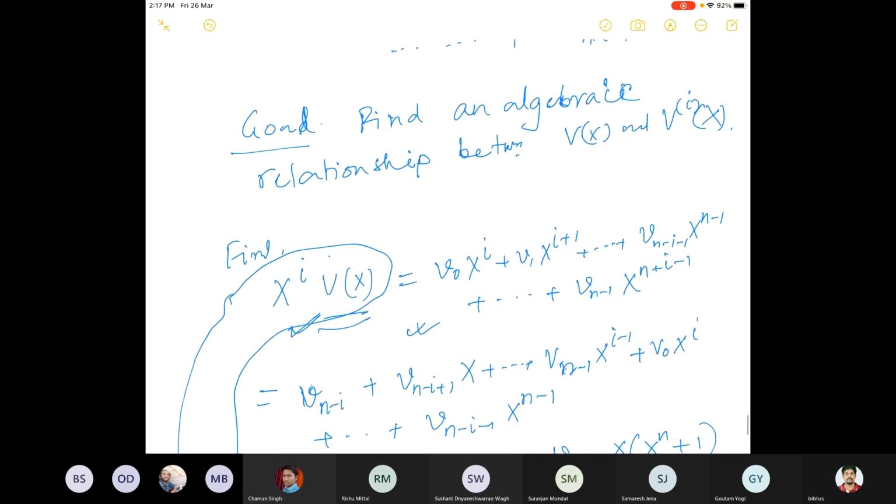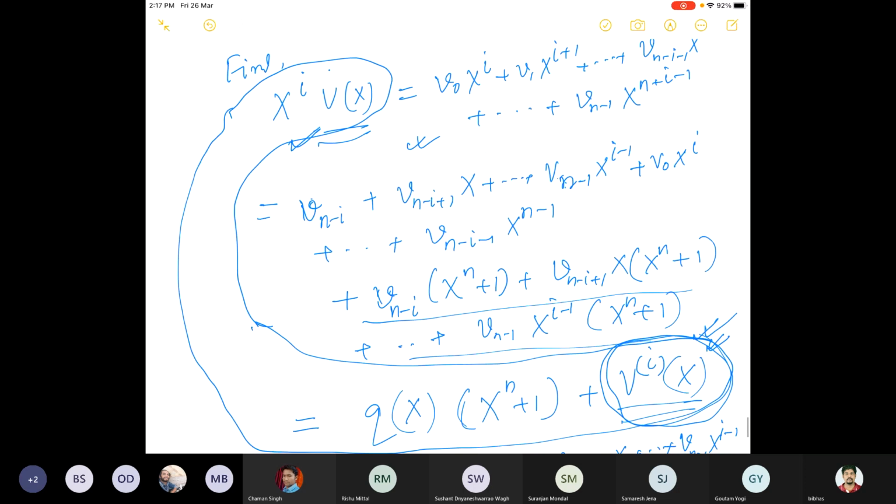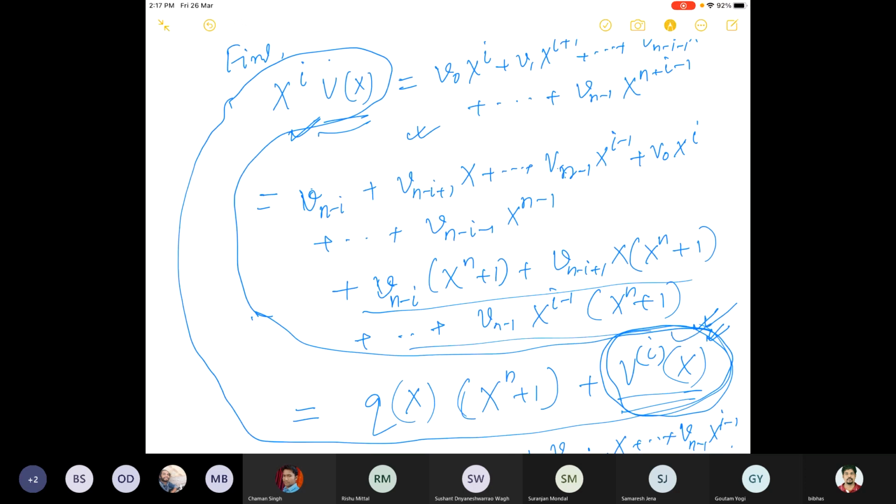And then we said, if you give a shift i times to the right, then the polynomial obtained after i shifts is also related to the original polynomial you started with.